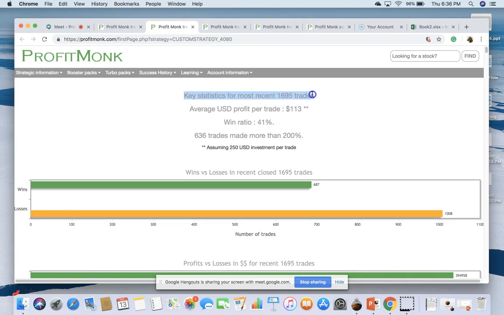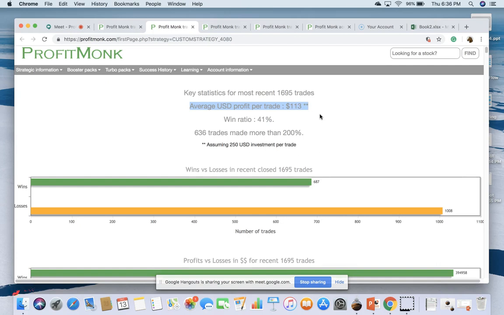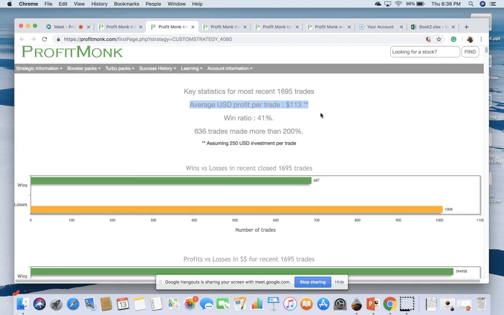The top line tells you all the trades that the strategy came up with since January 2018. The second line tells you your average US dollar profit for each of these trades. Then you get the win ratio, and then the number of trades that made more than your profit target.